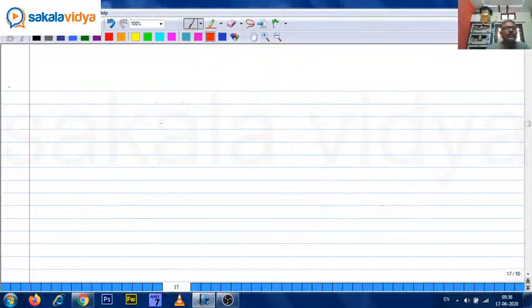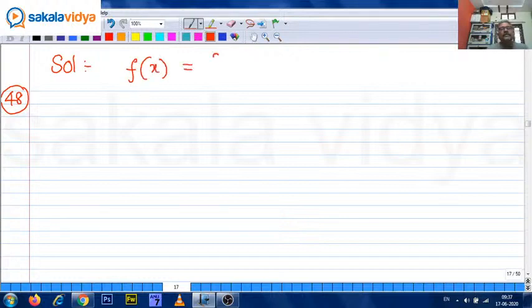Question 48, solution. Actually f of x is x plus 1 upon root over x square minus 5x plus 6. Actually this is a quotient function. Quotient function means f of x by g of x or root g of x, no problem.